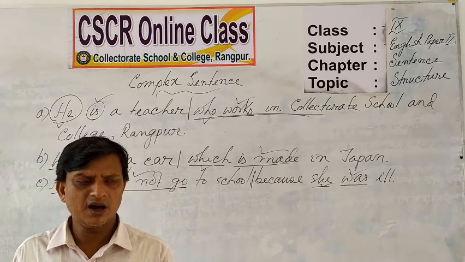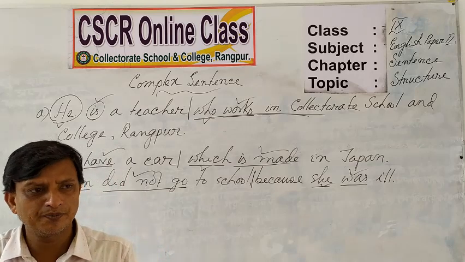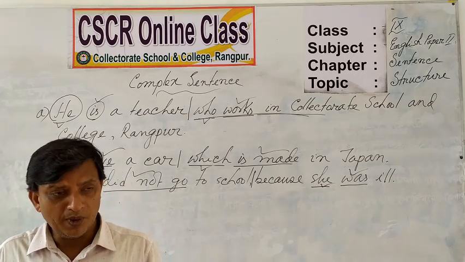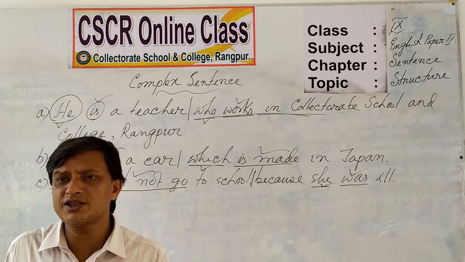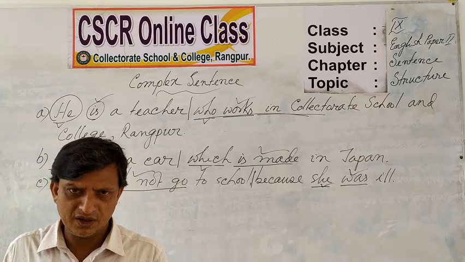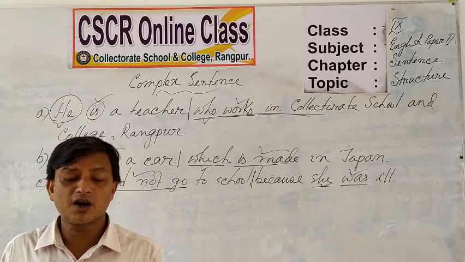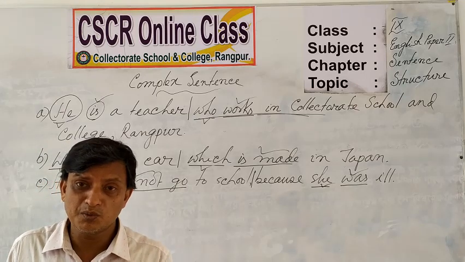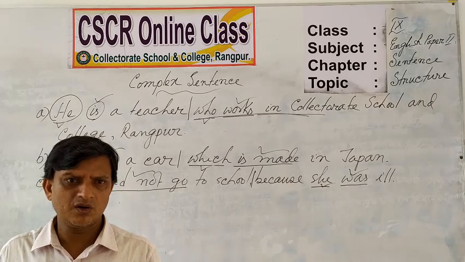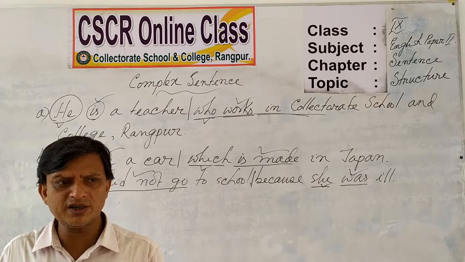First feature, a complex sentence must have more than one subject. A complex sentence must have more than one finite verb. Not only this, a complex sentence must have more than one part, at least two parts.